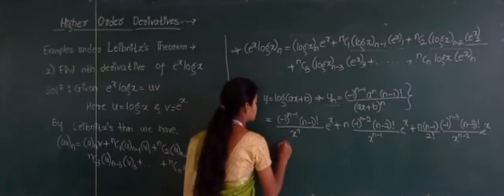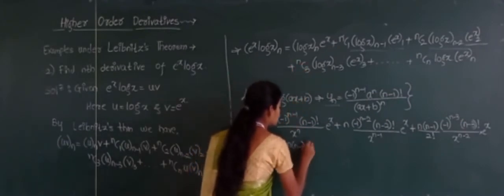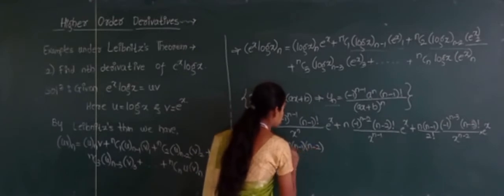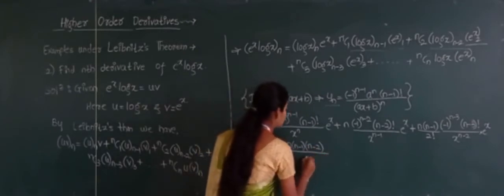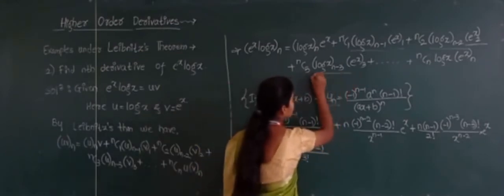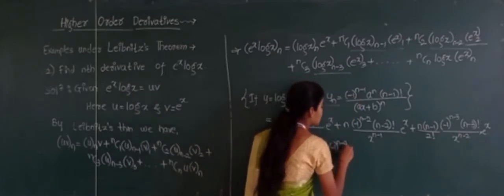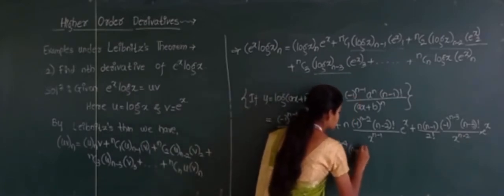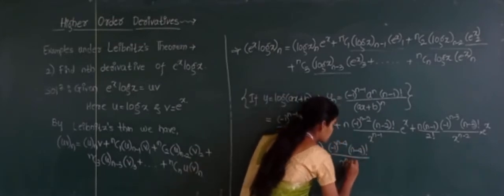Then the next term is nC3. Its value is n into n minus 1 into n minus 2 divided by 3 factorial and log x n minus third derivative. Thus by this, minus 1 raised to n minus 4 factorial divided by x raised to n minus 3.